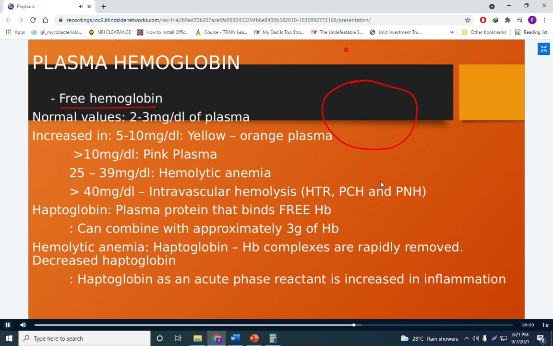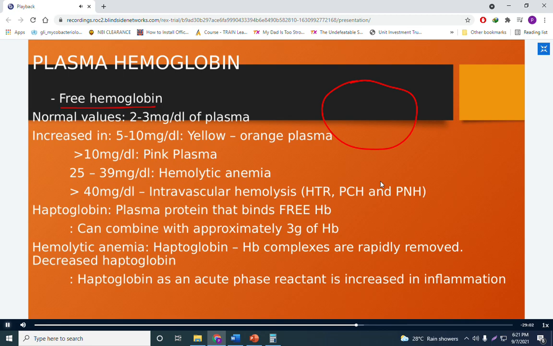Not the organ. Okay, blood circulation. It's still in the blood, but which part of the blood does it go to? Remember the parts of the blood, class.